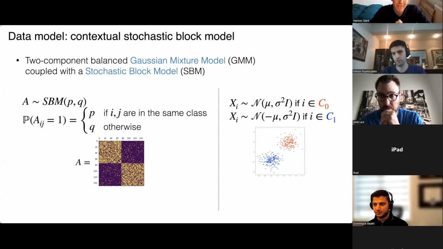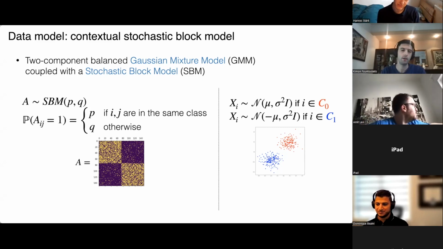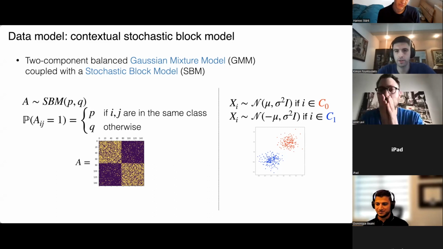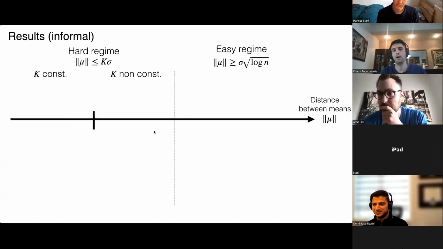So there are two types of noise. One is the distance between the means, and the other one is the inter-edge probability Q. So what we do is we study how the models are going to perform with respect to those two noise parameters.